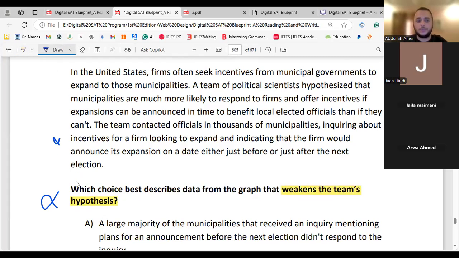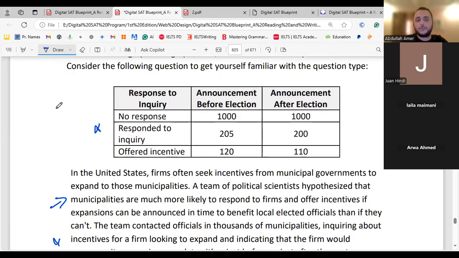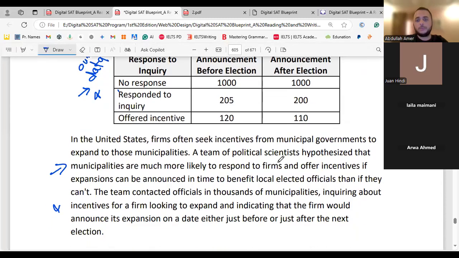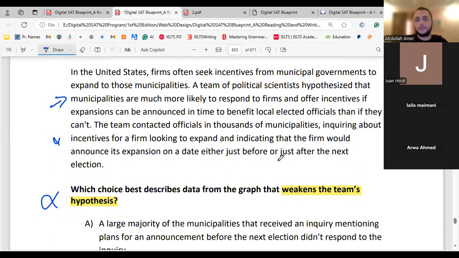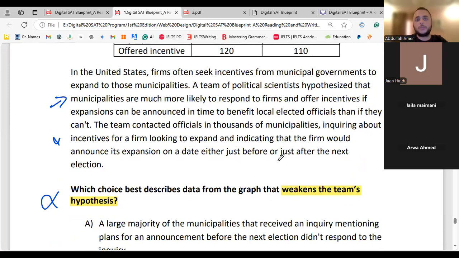So basically, in that question type, there's no relationship between the text and the graph. The graph here works as outside data to support or weaken something. For example, if somebody tells you that fasting Ramadan is a must for all Muslims, so this is a claim, right?